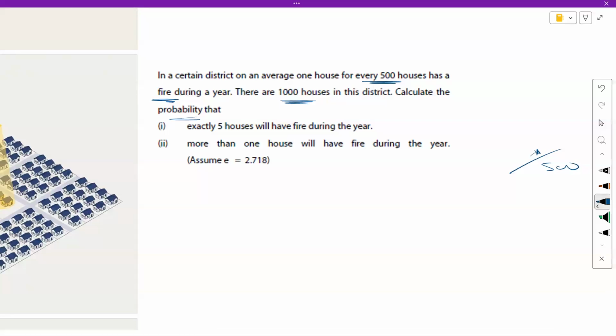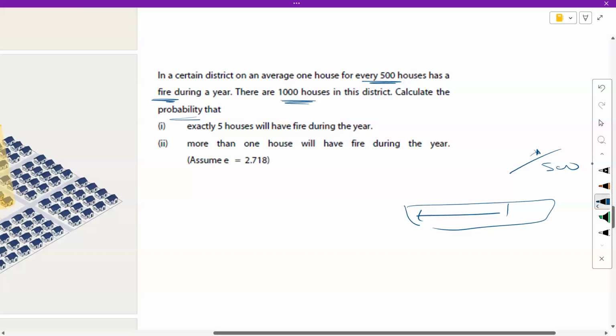It's not time, it's space. 1 year, space. There are 1,000 houses in the district. Calculate the probability that exactly 5 houses will have a fire during the year.